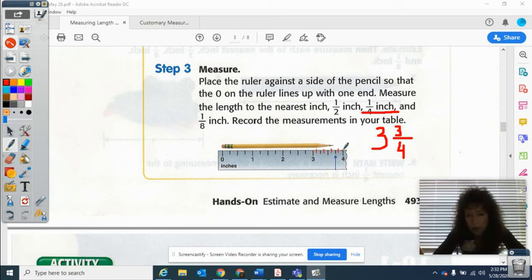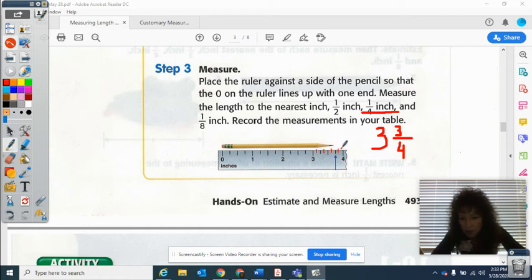So it's still really close to here. How many eighths is that? Well, let's count. 1/8, 2/8, 3, 4, 5, 6. I think it's between 5/8 and 6/8.